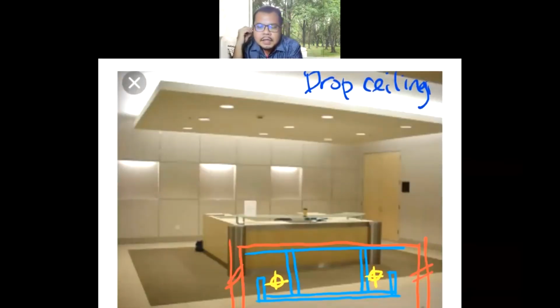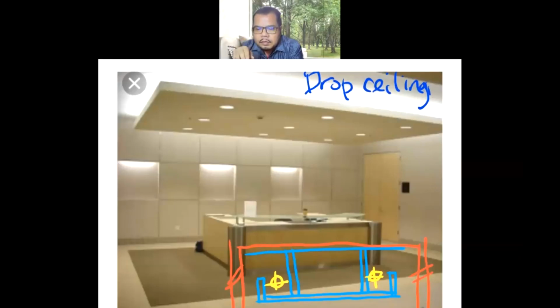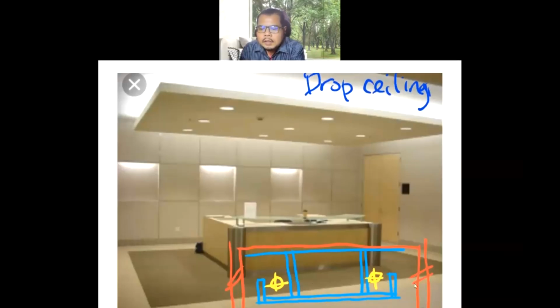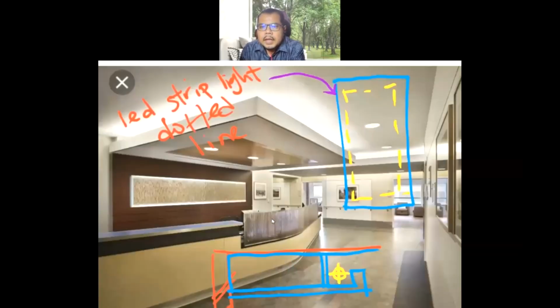Okay, for drop shielding, contohnya, you can see the center part of the shielding has been dropped. So from the section wise, the blue line indicates the drop area. These two round shapes are the downlights. It can be LED strip. And this is from the floor plan, RCP plan.